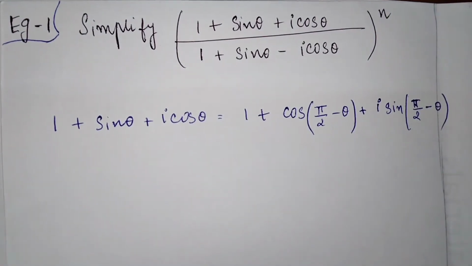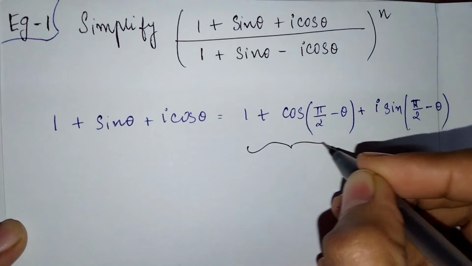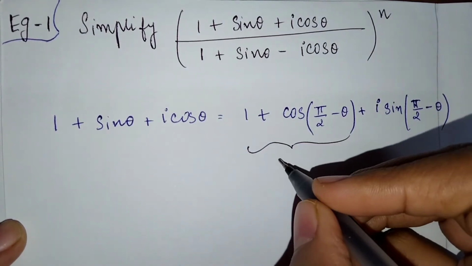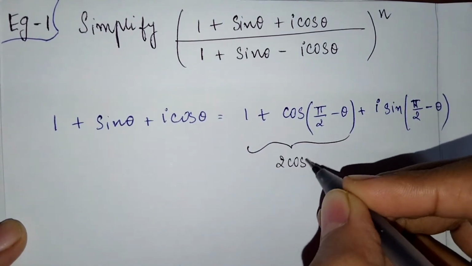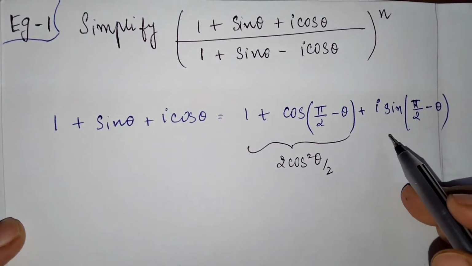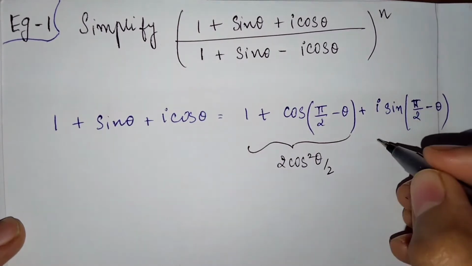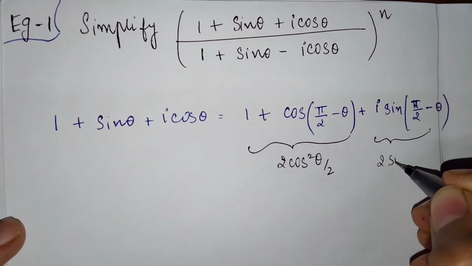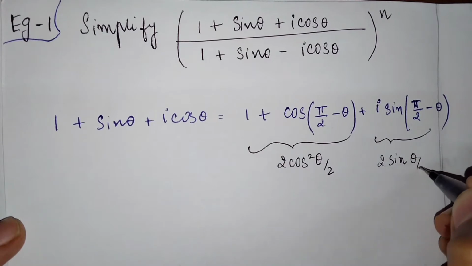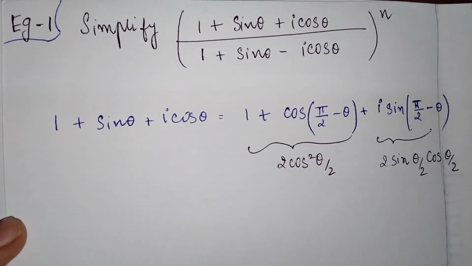Now in place of 1 + cos(pi/2 - theta), I can write 1 + cos theta, which is equivalent to 2 cos square(theta/2). And in place of sin(pi/2 - theta), I can write 2 sin(theta/2) cos(theta/2).